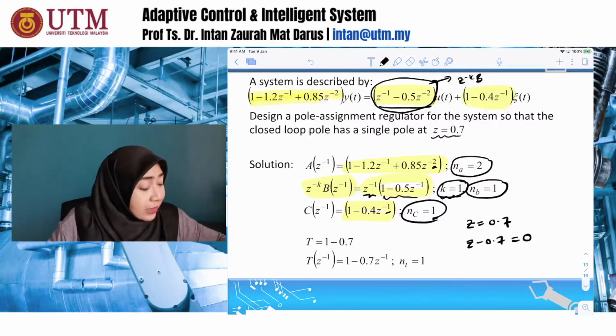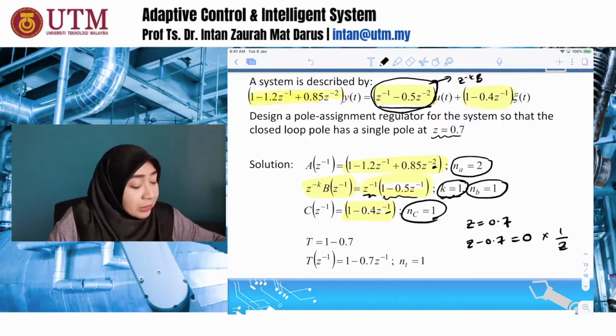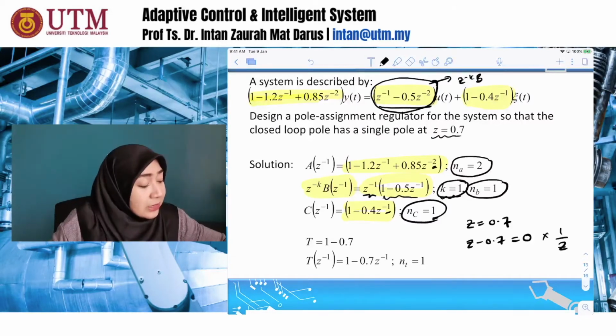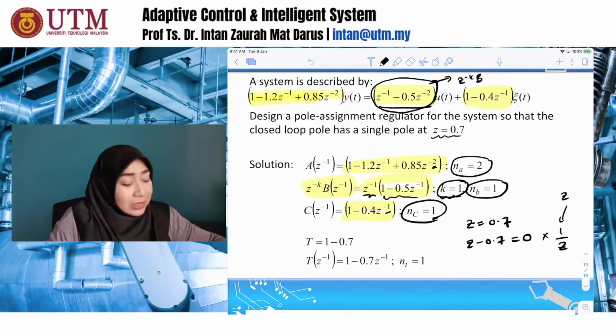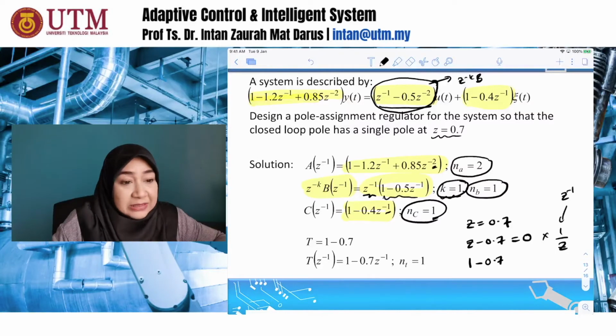Okay, so if I multiply this equation by 1 over z, I just want to make it in terms of z to the power of 0 or the whole, because 1 over z is actually z minus 1. So if I multiply that by 1 over z, over here this is going to give me 1, over here is going to give me 0.7 divided by z, but dividing by z is the same as having z minus 1 there, equals 0.